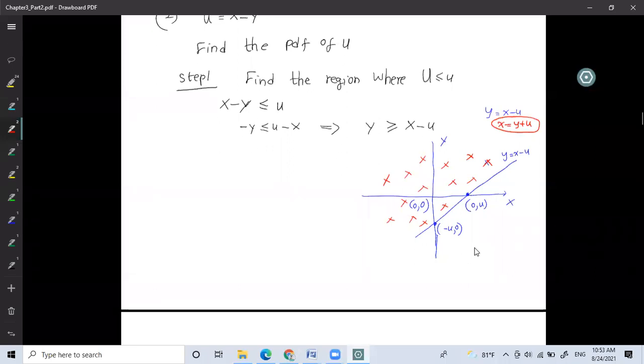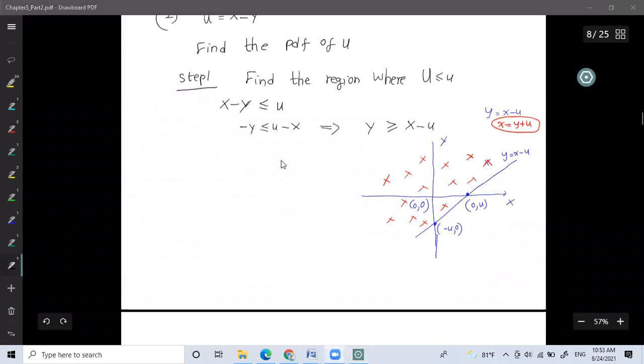So I'm going to fix y. So y can go from negative infinity up to plus infinity. Okay, sorry, thanks for showing it. I'll correct it.